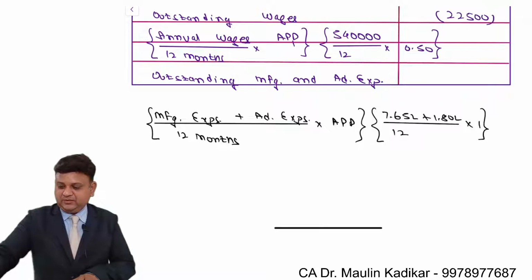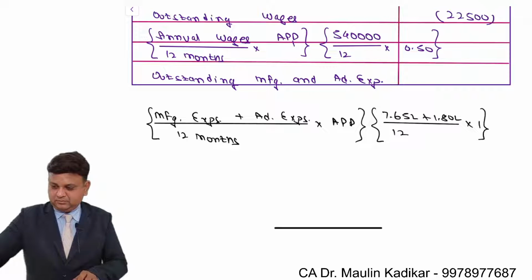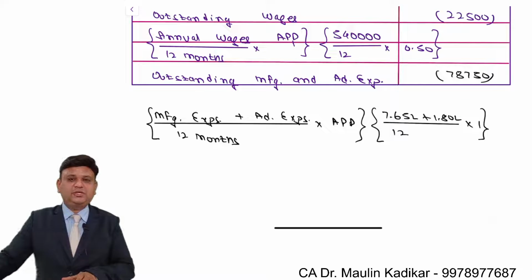That is the way it will be calculated. It is 78,750. That is the outstanding manufacturing and administration expense.